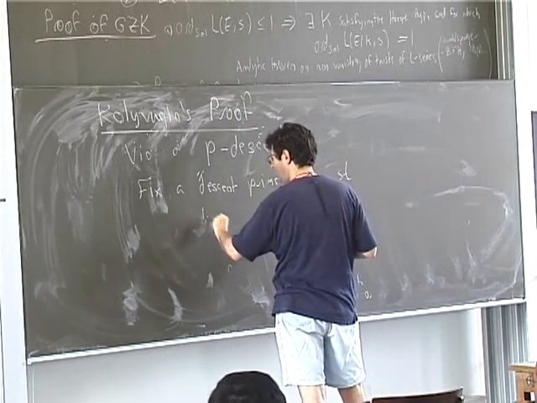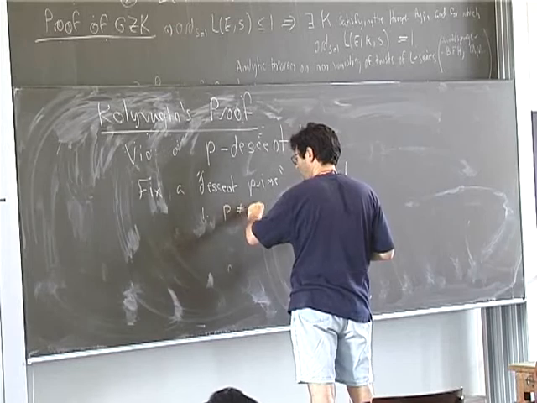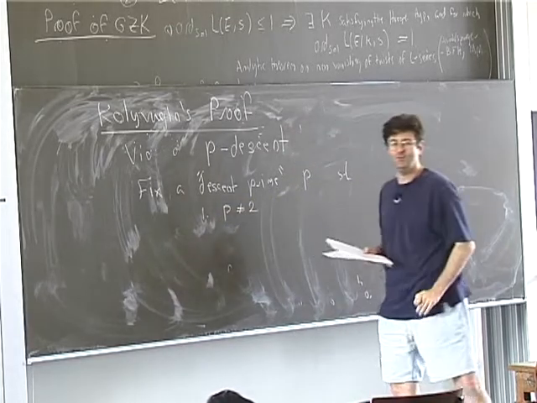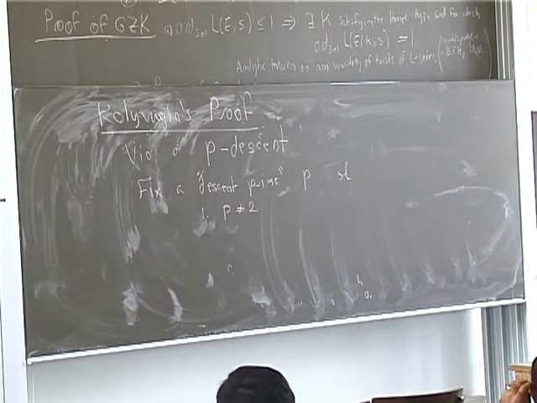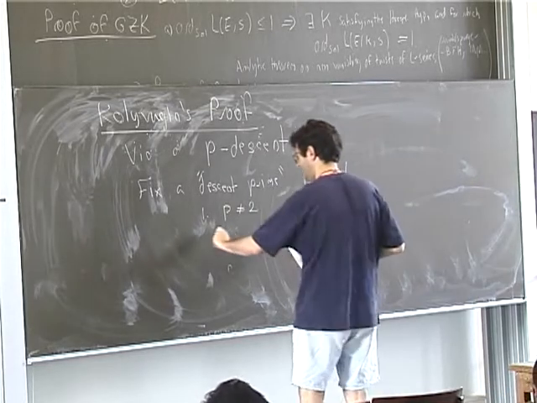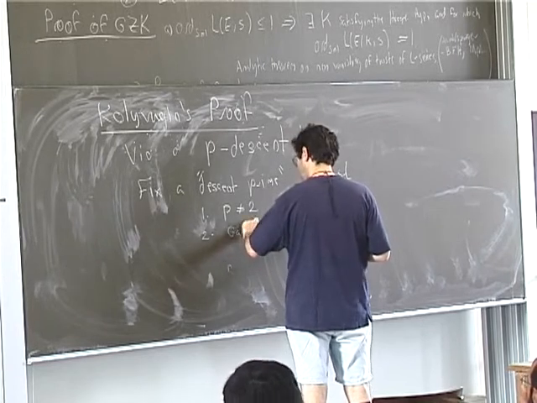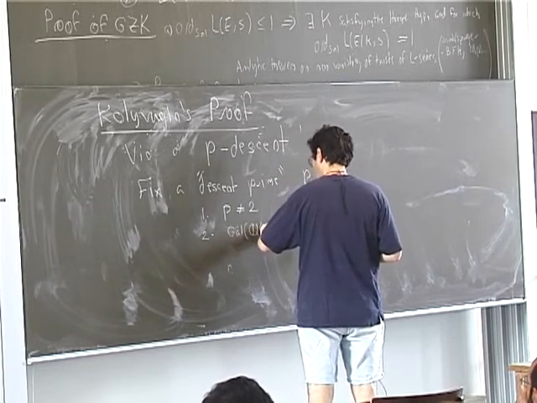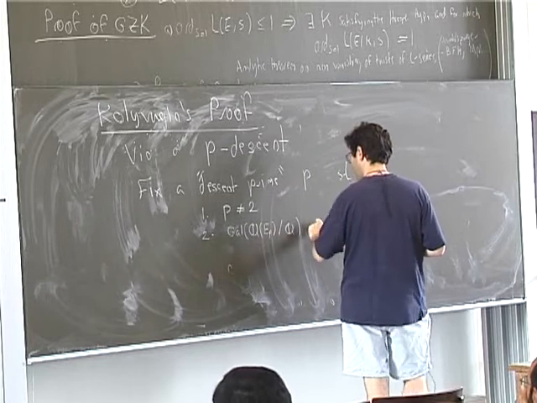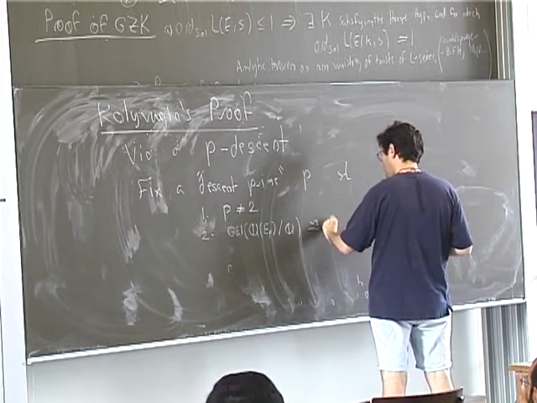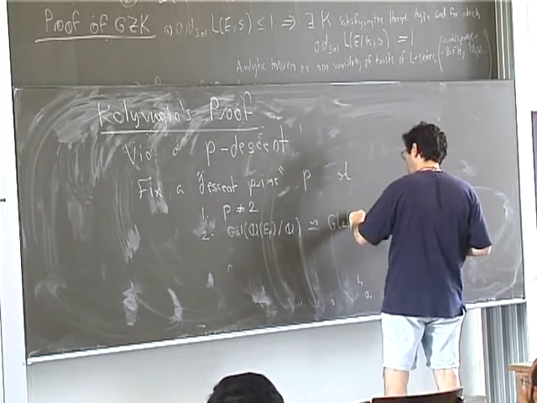So I'm going to first avoid p equals 2. If you're allowed to choose your prime however you want, the first thing you do is assume it's not equal to 2. And the second thing I want is that the Galois group of Q(E[p]) over Q is isomorphic to GL2 of Z mod pZ.